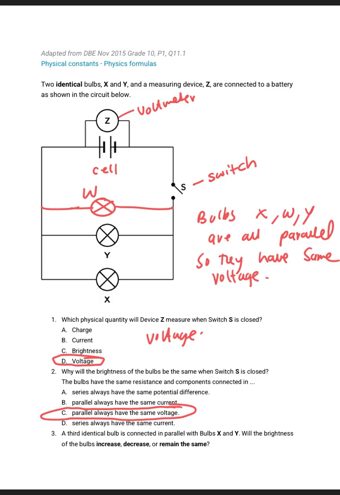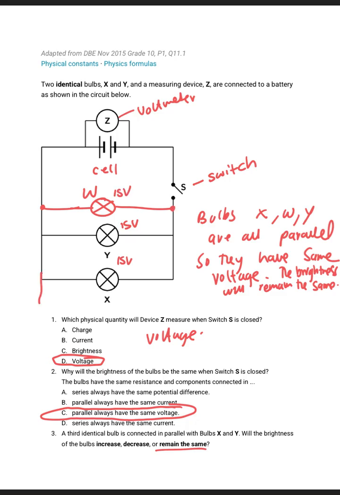Because they have the same voltage, the brightness would be the same. So the brightness will remain the same because the voltage is not going to increase. If the voltage measured here is 15 volts, and we include this bulb W, it's also going to be 15 volts.